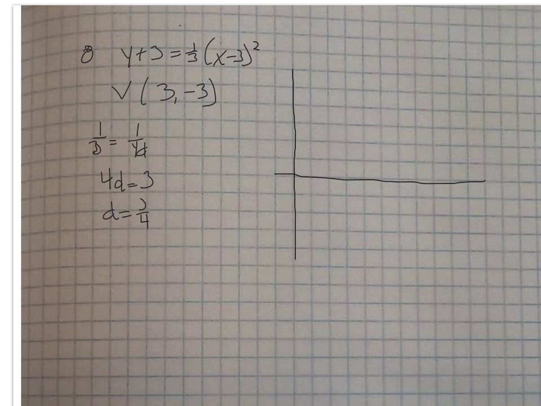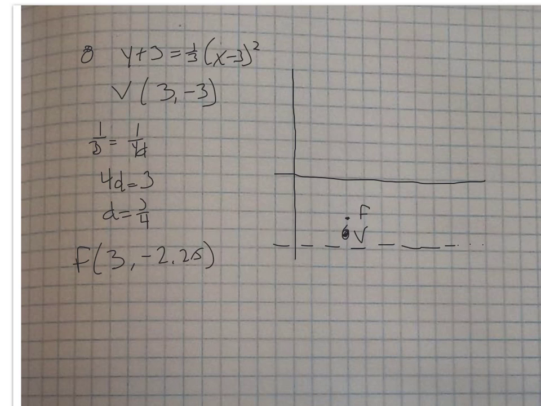So I'm going to put my vertex on here. And the value of d is 3/4. So up 3/4 is my focus. Down 3/4 is the directrix. So the focus, the coordinates are over 3, down 2 1/4. I don't have to go all the way quite down to 3.